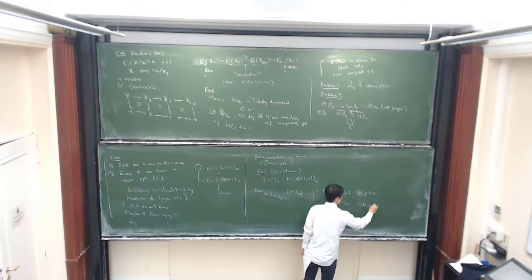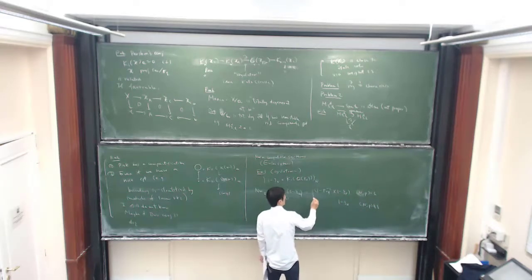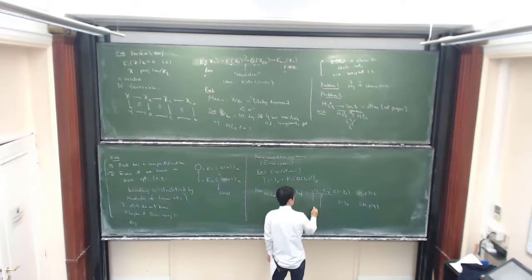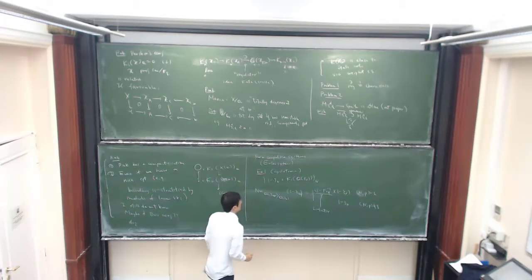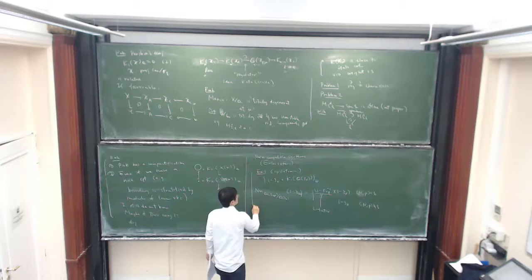These are coprime, and these are not coprime. And this part is the L factor. So this is what I mean by norm-compatible systems.